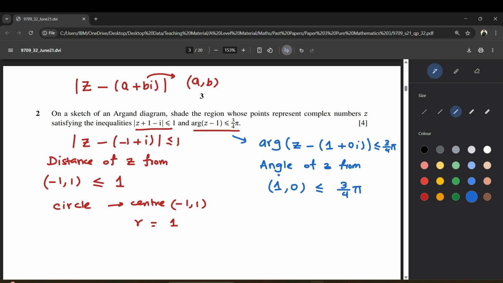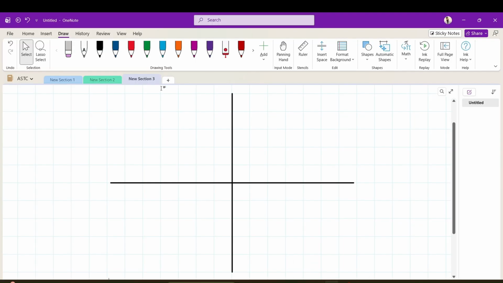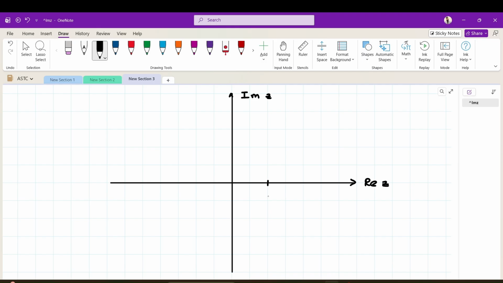Let me show it on the axis over here. So first let us label. This is the imaginary part of z and this is the real part of z. So this will be 1, 2, 3, minus 1, minus 2, minus 3.